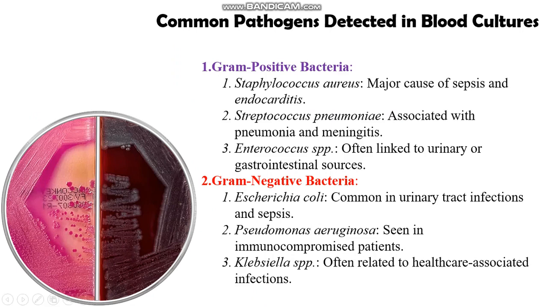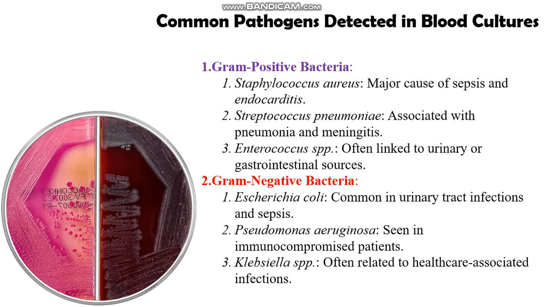Blood cultures frequently detect a wide range of pathogens, which can vary based on the patient's condition and the site of infection. Among gram-positive bacteria, for example, Staph aureus is a major cause of sepsis and endocarditis, while Streptococcus pneumoniae is commonly associated with pneumonia and meningitis. Enterococcus species are often linked to infections originating from the urinary or gastrointestinal tract.